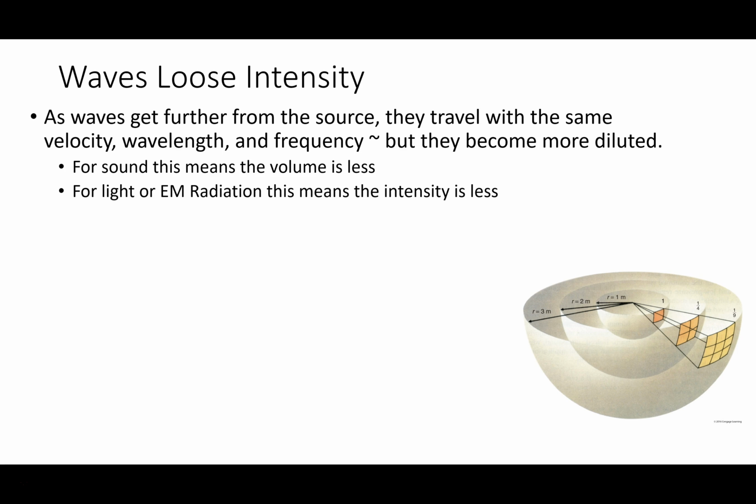This distance is R, this distance is R, and this distance is R. So you're stepping back R, R, and R. And each R that you step back dilutes the sound or the light by a factor of R squared. So it's not linear, it's to the second power.